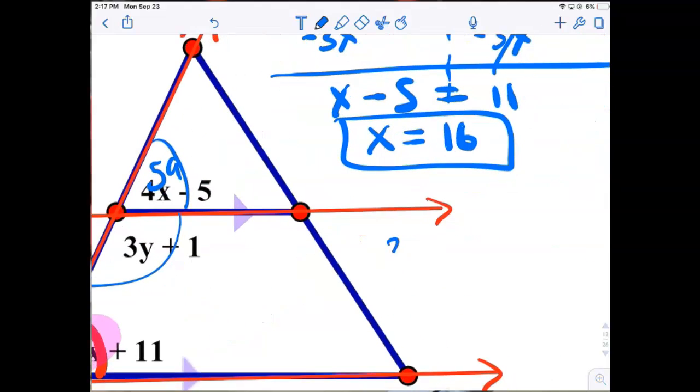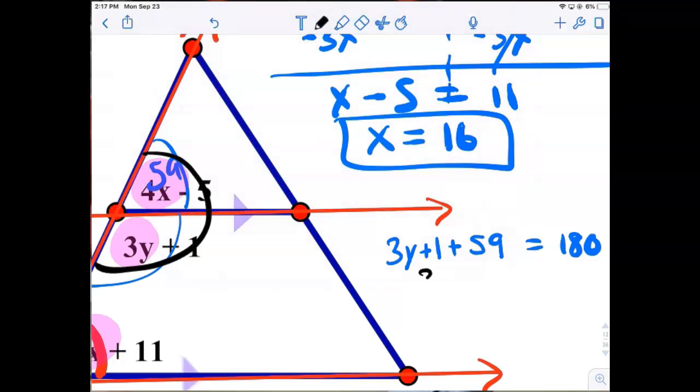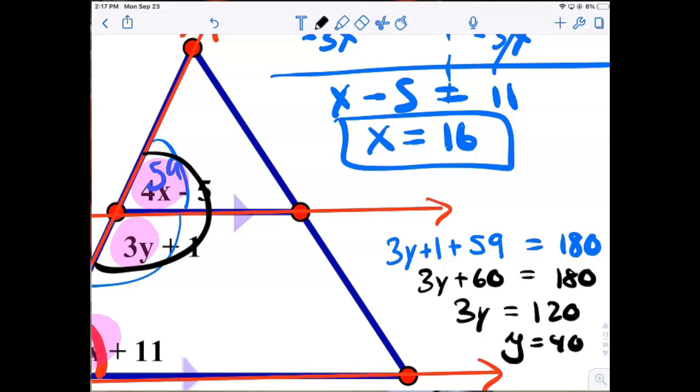So now I can say 3y plus 1 and 59 equal 180, right? Because this and this are a linear pair. So combine like terms, and I have 3y plus 60. Take away 60 from both sides. I have 3y equals 120. Divide by 3, and y equals 40.